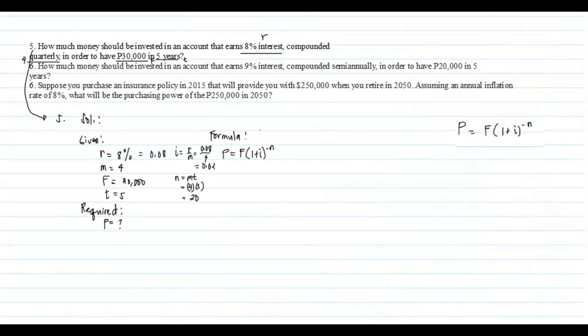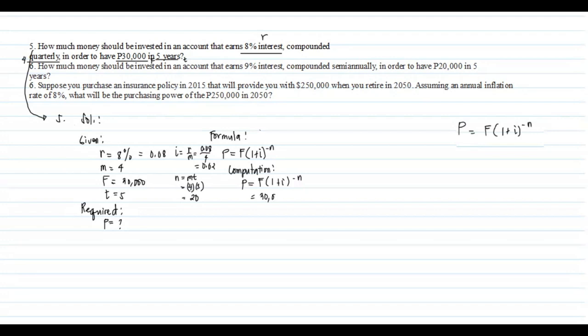Kasi 4 times 5 is 20. And then we now calculate for the value. So we all have the values that we need to find for our principal value. So it would be now computation, P is equal to F times 1 plus I raised to negative N. And then yung F mo there is 30,000.